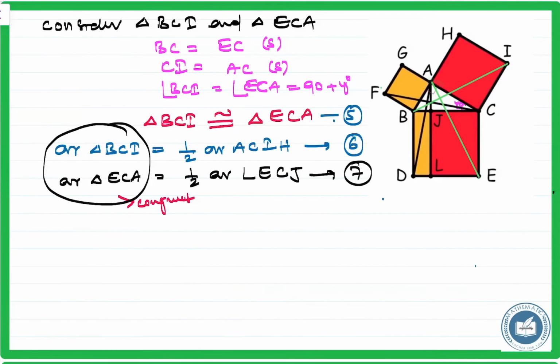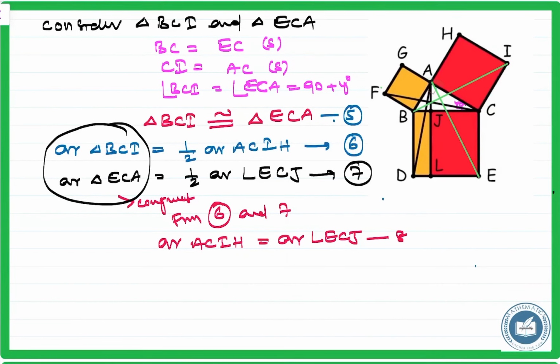So from 6 and 7 we can write the area of ACIH is equal to the area of LECJ, which is also a rectangle. This one is 8. Okay.